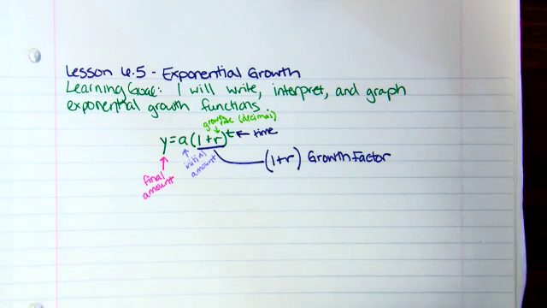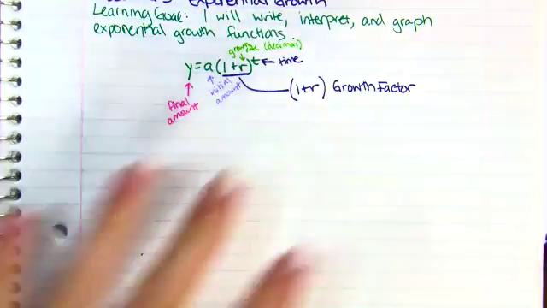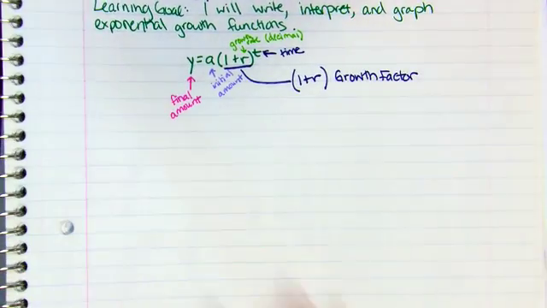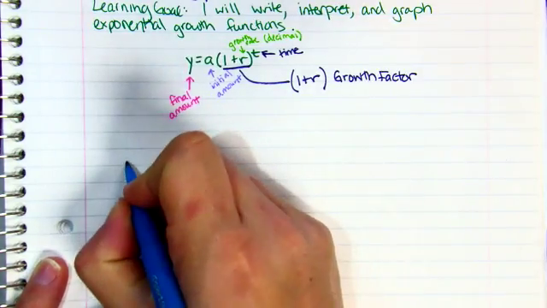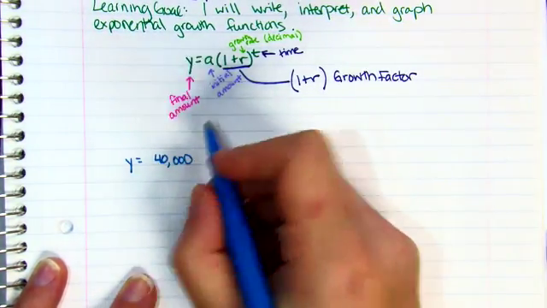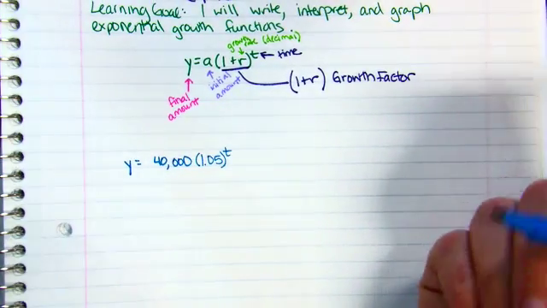So we can start off with an exponential equation, because I know this seems like a lot of material, but once we do a couple examples, it's actually not nearly as confusing as it looks. So let's say we have the function y equals 40,000 times 1.05 to the t power.